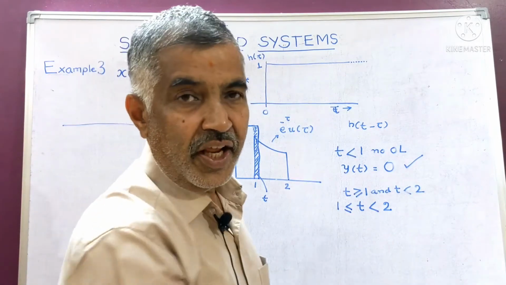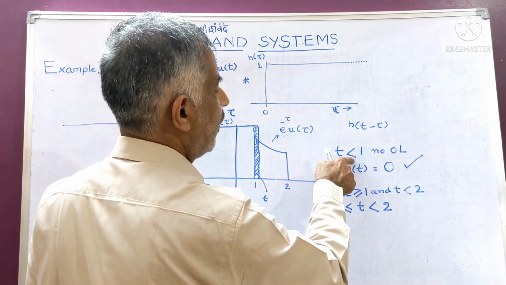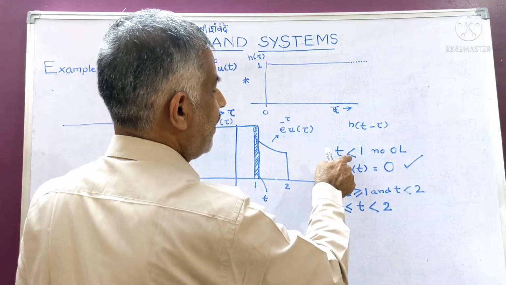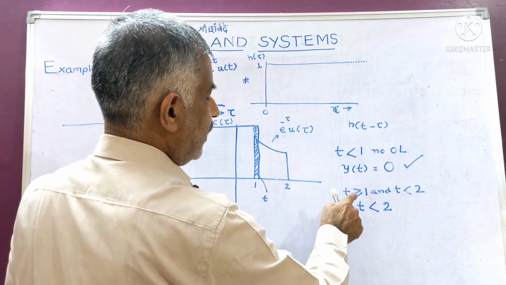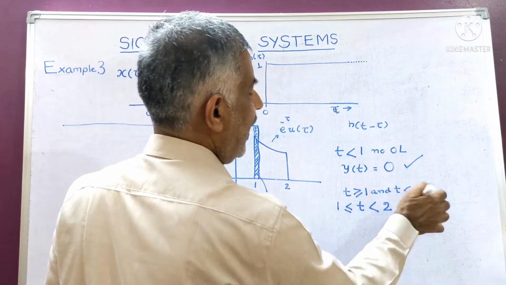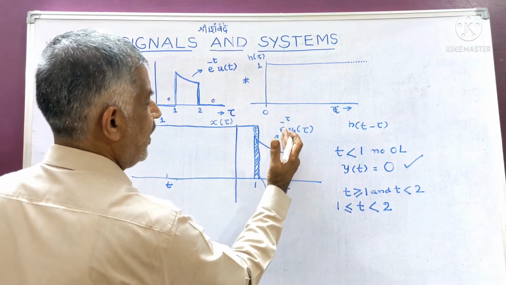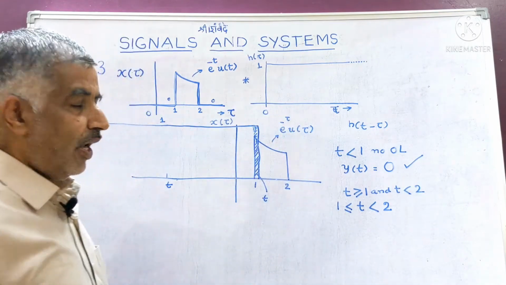While writing the ranges, continuity should be there. Previously t was less than 1, so after t less than 1, now it starts with t greater than or equal to 1 and up to t less than 2. And finally this edge will be here. I will show that.